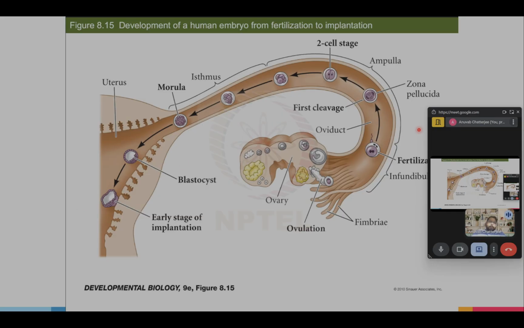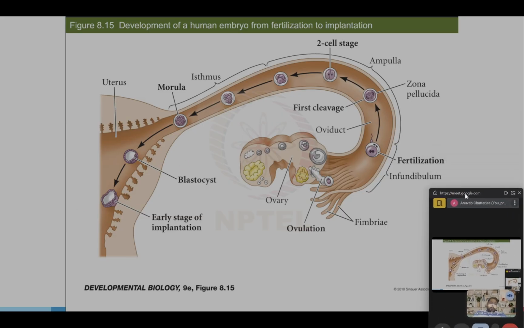So this is how early fertilization works in humans. This is the ovary where ovulation is taking place. The oocyte is developing with a coating around it, which is known as the corpus luteum, and it goes out of the ovary into the fallopian tubes.